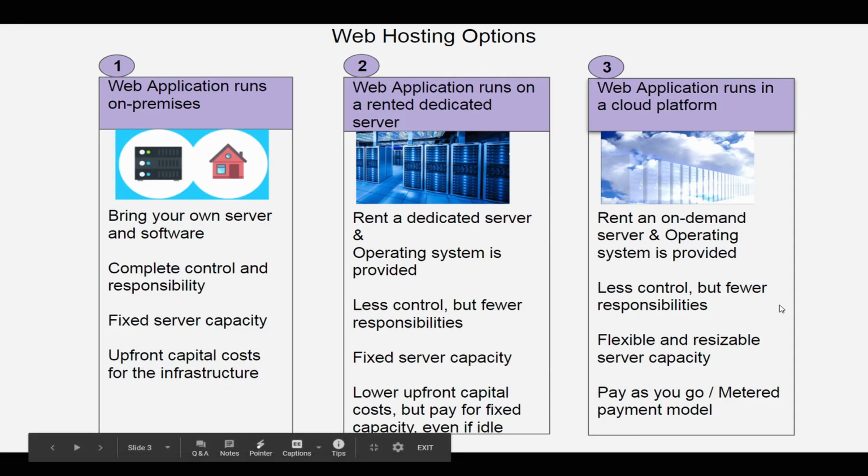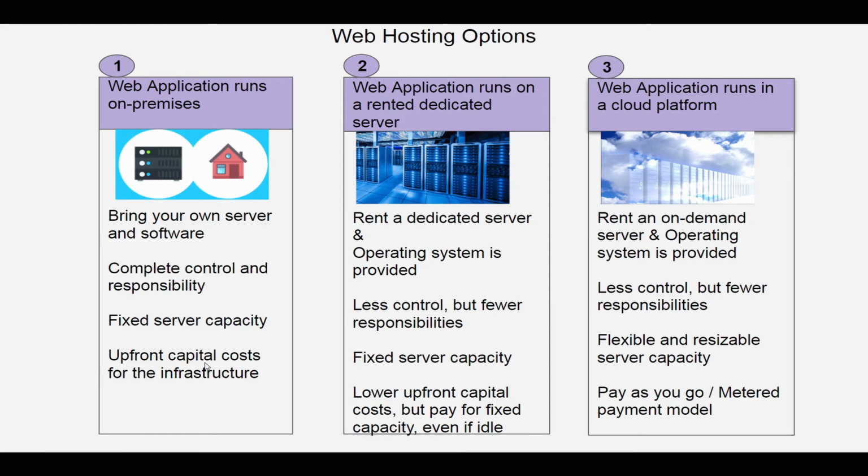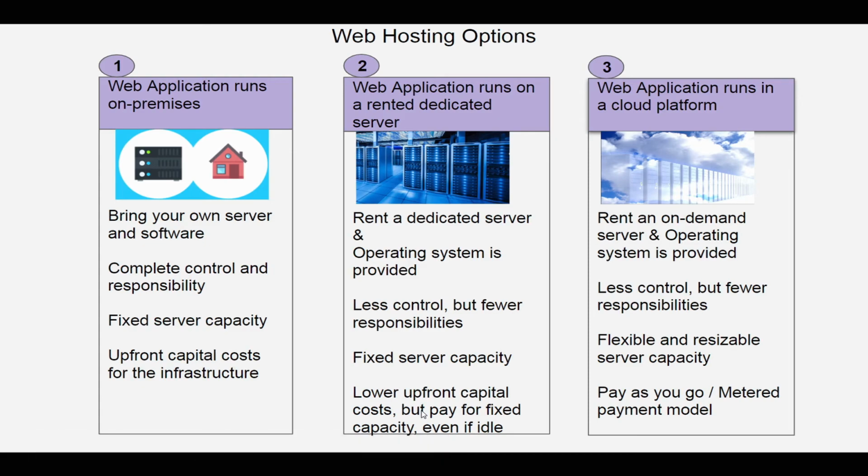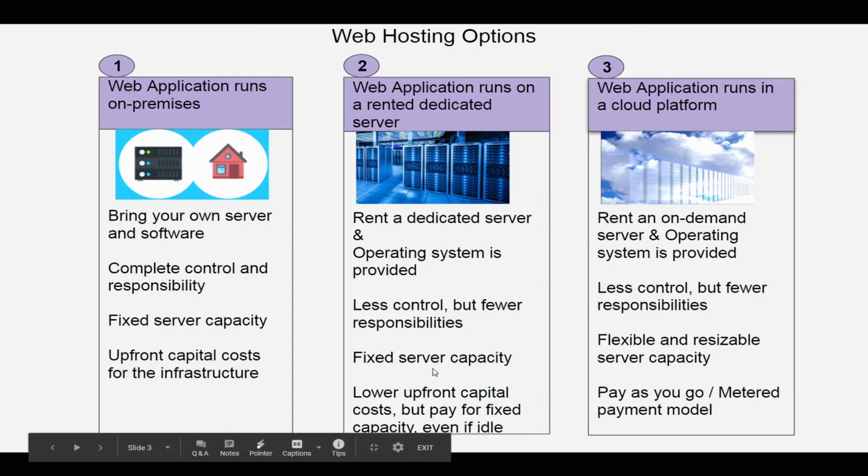So to sum up, in the first option, you have lots of upfront capital costs because you have to buy a server. And here you get fixed server capacity, all right? And in the second option, you have lower upfront costs, but still you need to rent a dedicated server, and you don't know whether that provided server capacity is enough in your case or not, because it gives you fixed server capacity, all right?